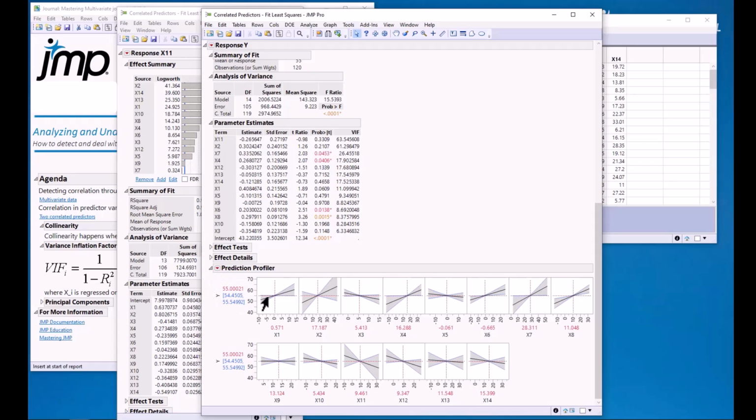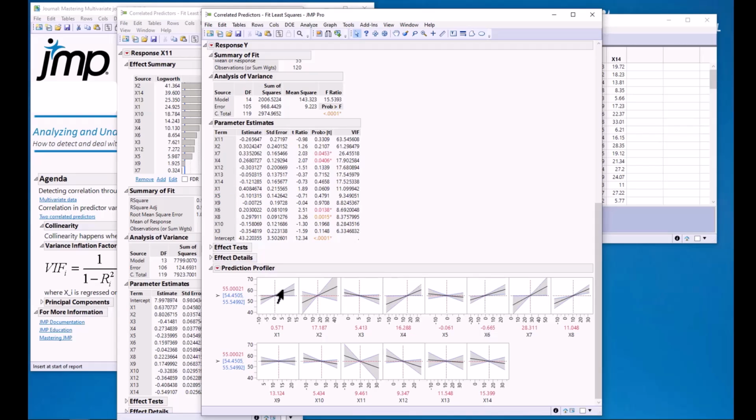The black line is a cross-section of this 14-dimensional plane that I'm fitting. So it is a line. The slope of X1 is positive.